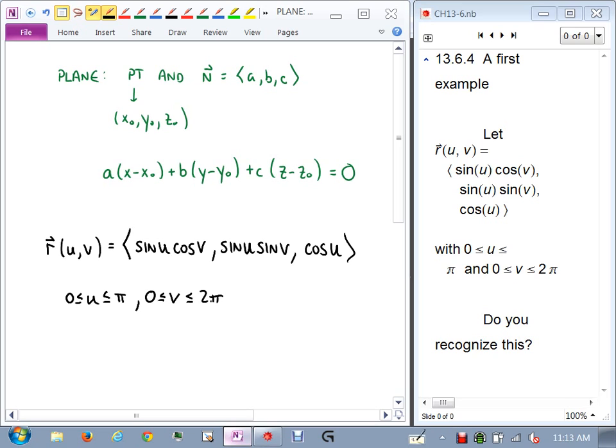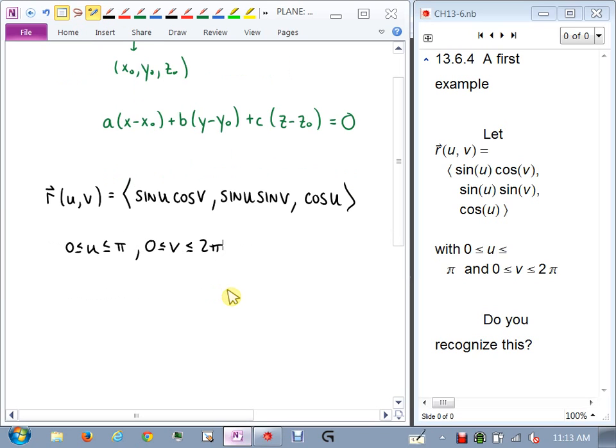That draws the unit sphere. What I need to figure out now is the partial derivative of this with respect to u.